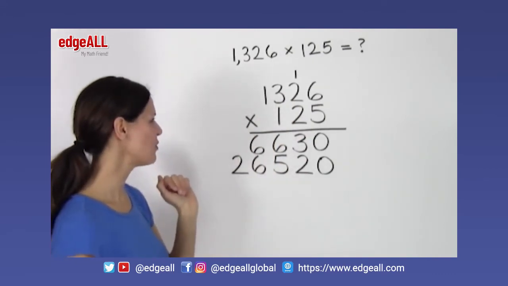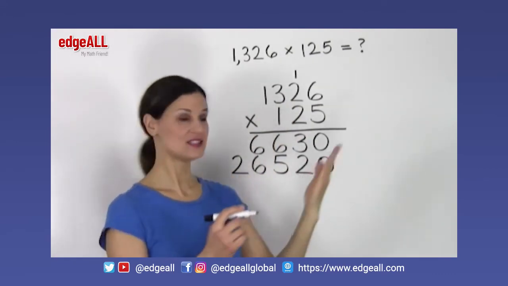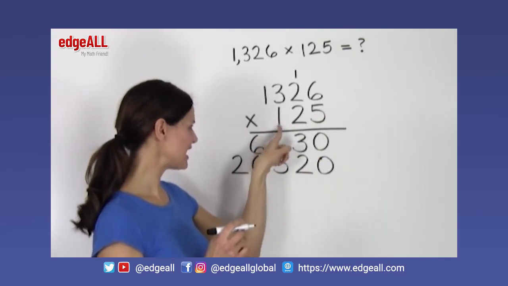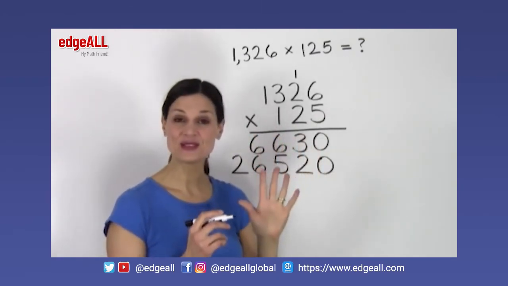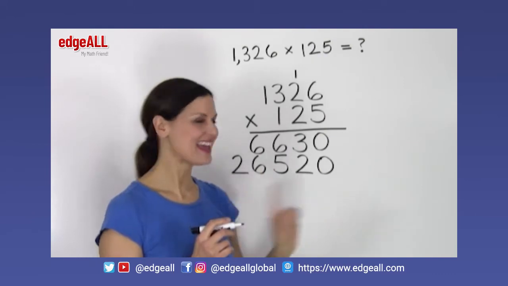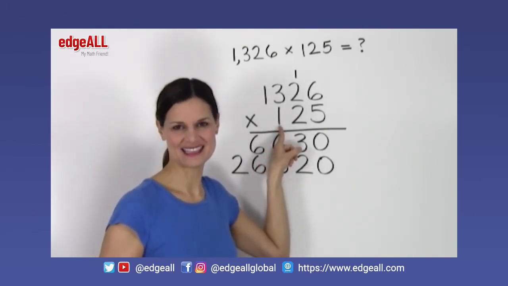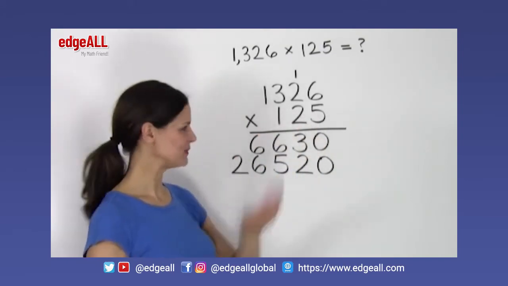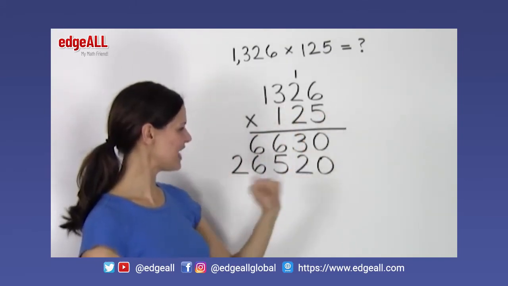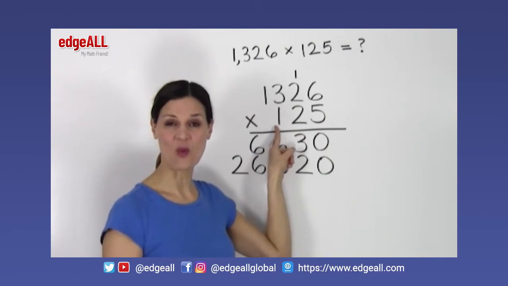And now I'm going to move on to multiplying using the digit that's in now the hundreds place of my bottom number. So I'm done here, finished with that, and I've moved on to this 1.